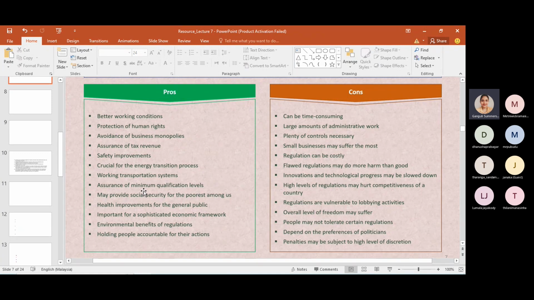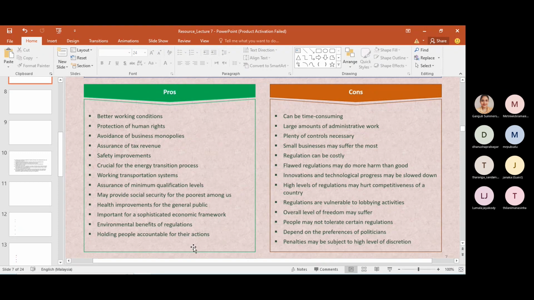Likewise, the regulators will tell you what the minimum qualification levels are that people should have to get hired for the job.